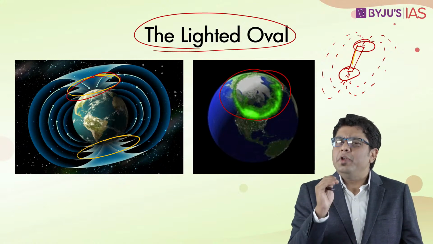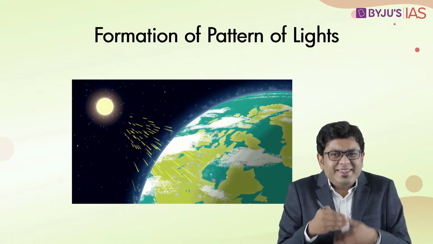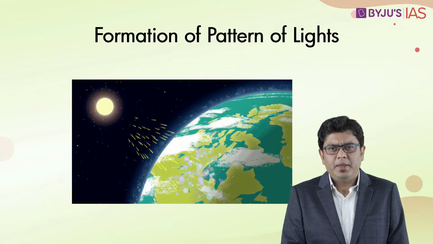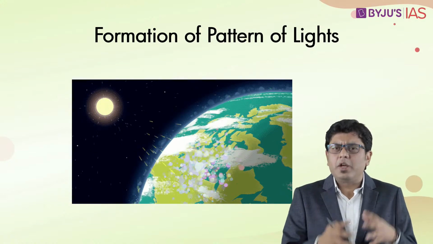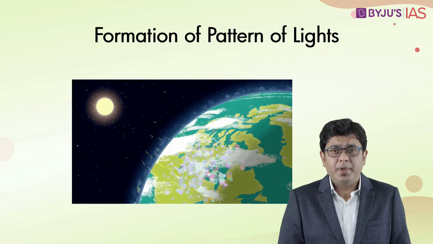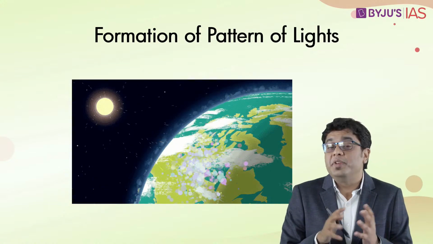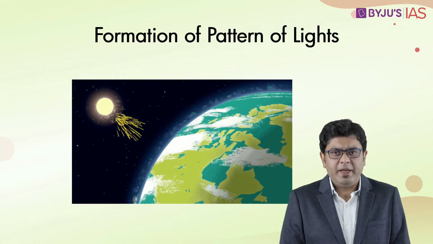Now, once we know about the region where it is formed, what is the reason why we end up observing light? For that, I need you to look at and understand this particular animation in detail. Here, you observe that charged particles from the sun are hitting the upper layers of the atmosphere.